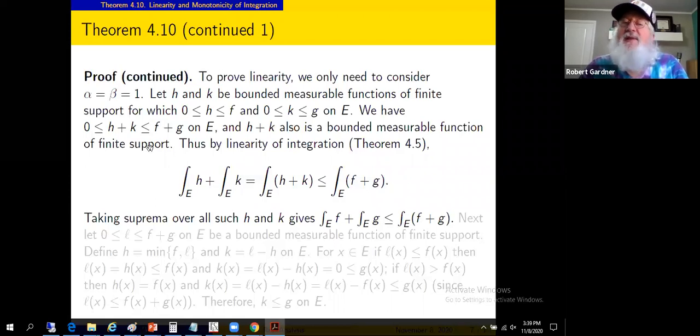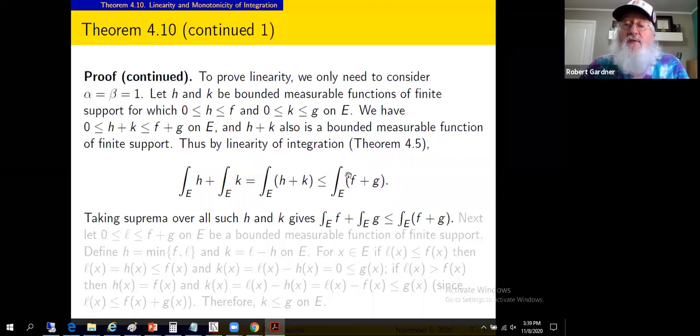Why is that? Is it because h plus k is less than or equal to f plus g? Is it monotonicity? Well, better not be, because we haven't proved monotonicity yet. It's coming in this theorem. No, it's because the integral over E of f plus g is a sup of integrals of functions less than or equal to f plus g, which are bounded of finite support. An example of one of those functions is h plus k. h plus k is less than or equal to f plus g, and it's bounded of finite support.